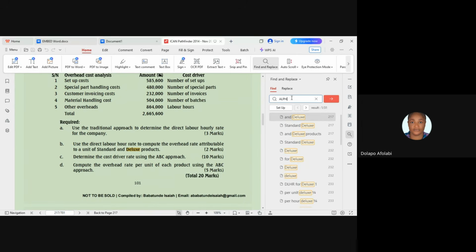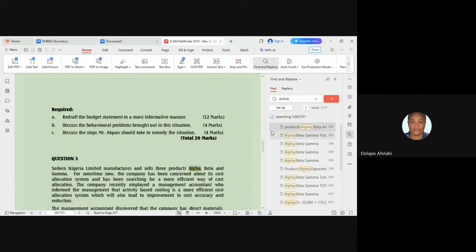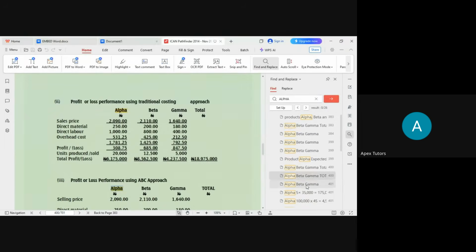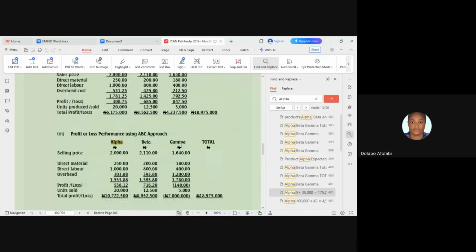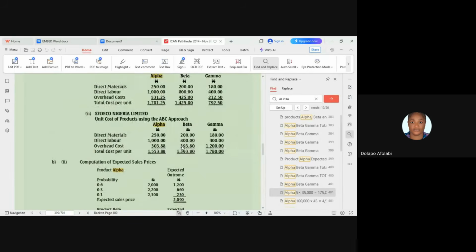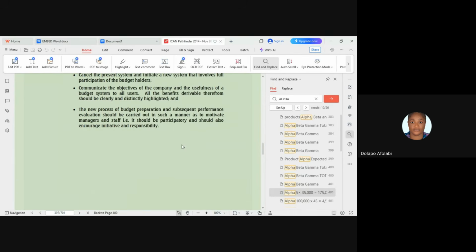Sorry, sir, before we move to the other one. When you solved the number one example for A and B that you used as an example, why do we want to determine the cost driver rate?